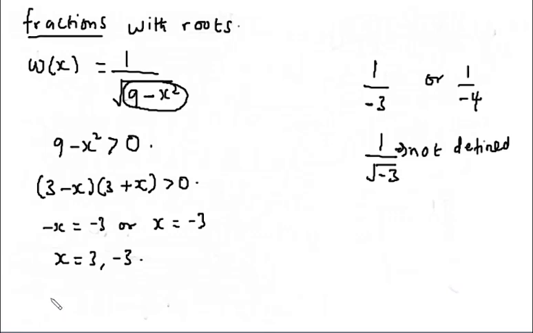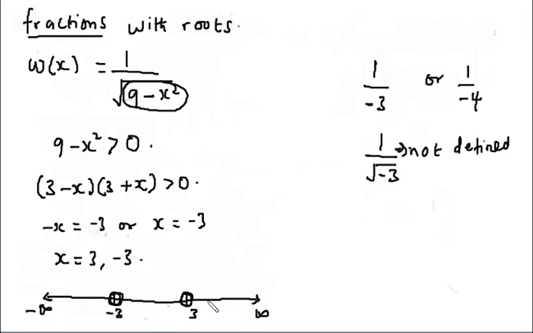Next up, we bring our number line into the fold. So this is negative infinity, and this is positive infinity. Between here, we have negative 3 here, and then 3 here. Looking at our inequality sign, this is a greater than sign. So this is an open point, and this is an open point.